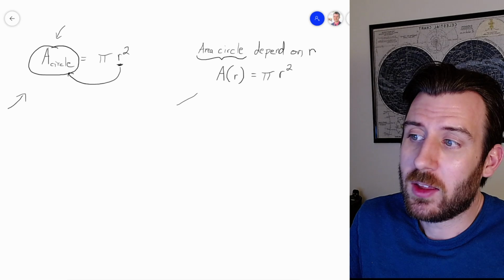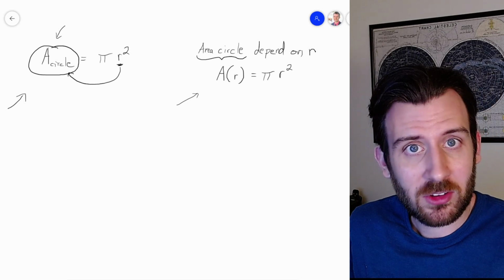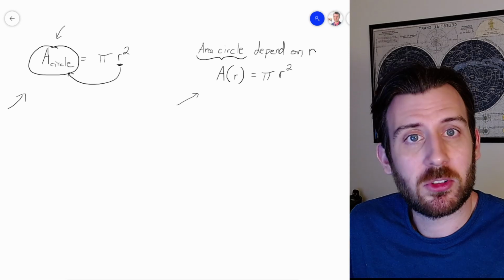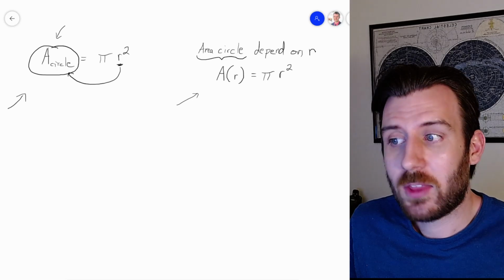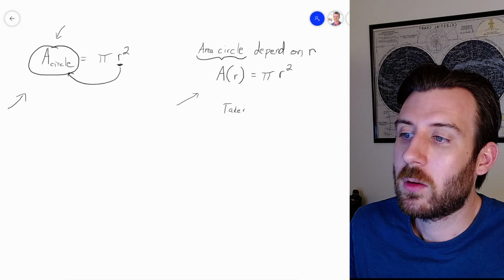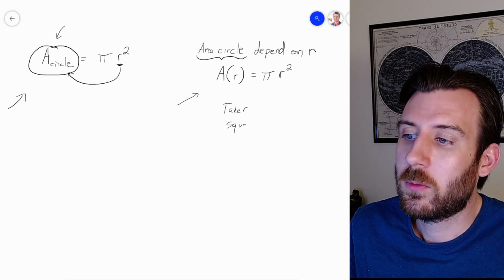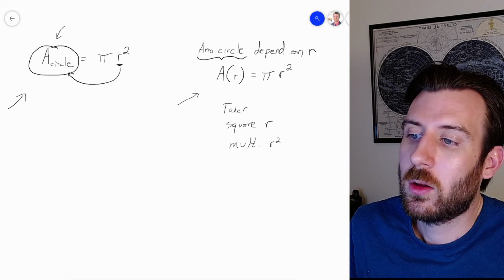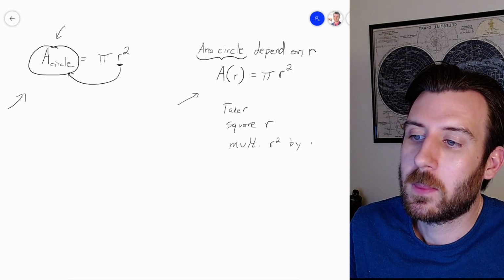What this one says is that A is a process. It's a title given to a function, given to some steps that start with r. And those steps are: take r, square r, multiply the square by pi.